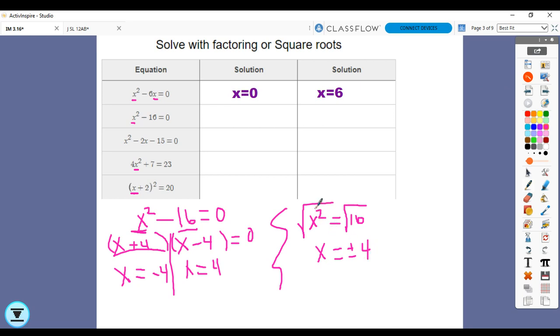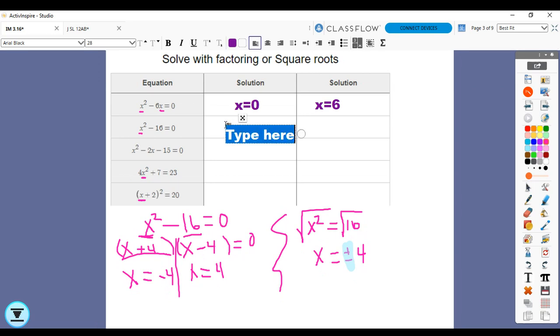So when there's an x squared and you use square roots to solve, you always need the plus or minus to give the two solutions. So either way, we get positive 4 and negative 4. So up here, x equals negative 4 and x equals positive 4. And you get that by either method, so whatever you're more comfortable with.